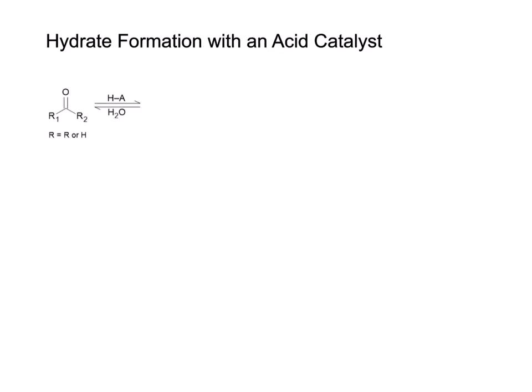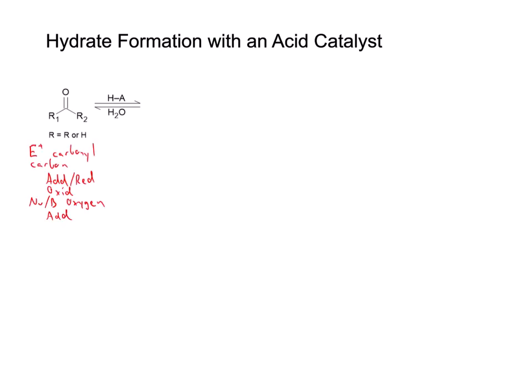In our first acid-catalyzed addition, we're going to discuss hydrate formation. And of course, we're going to go to our problem-solving process, and we're going to list everything we know about this first reactant, this aldehyde or ketone. What do we know about it? Well, we know that it has an electrophilic carbonyl carbon, and at that carbonyl carbon, we can do addition, reduction, and oxidation reactions. We also know that we have a nucleophilic and basic oxygen, so we can also initiate addition with that site.